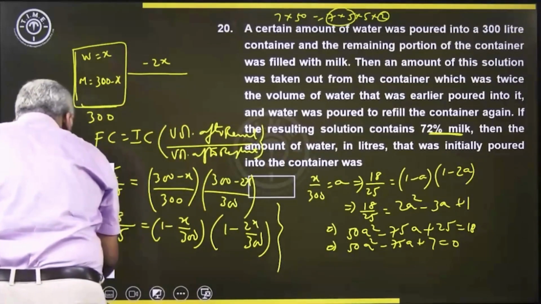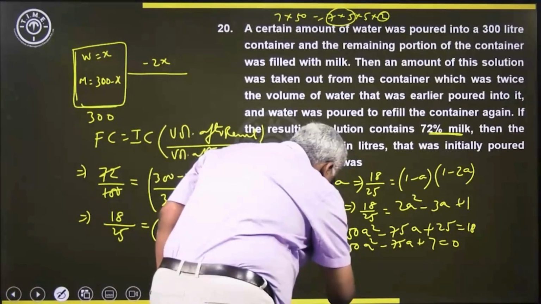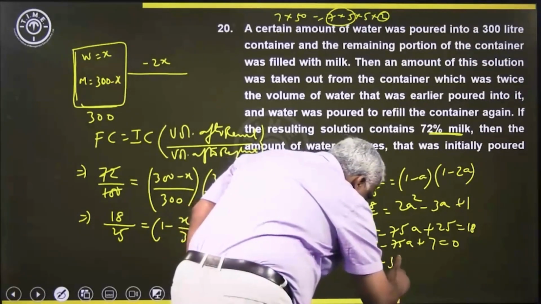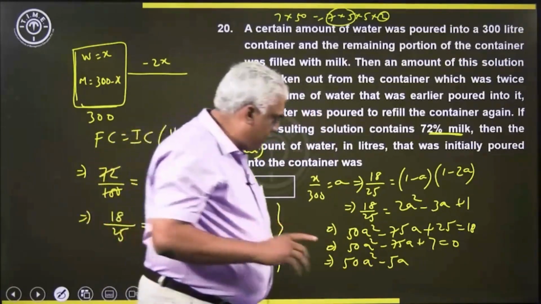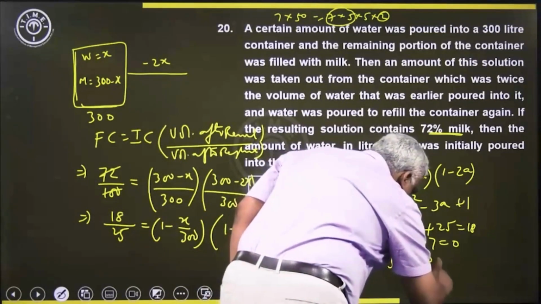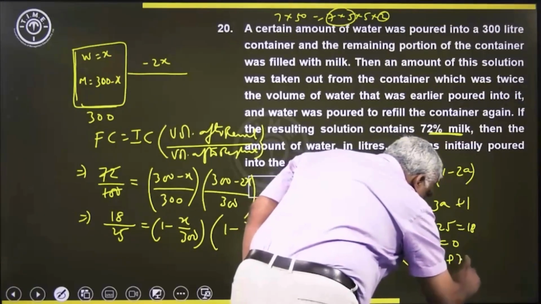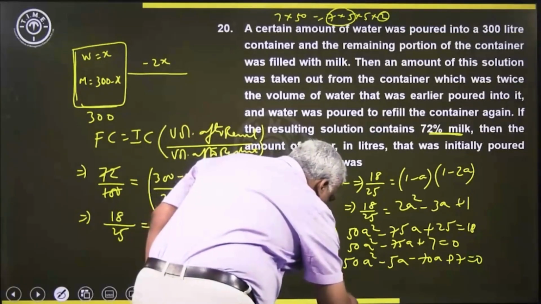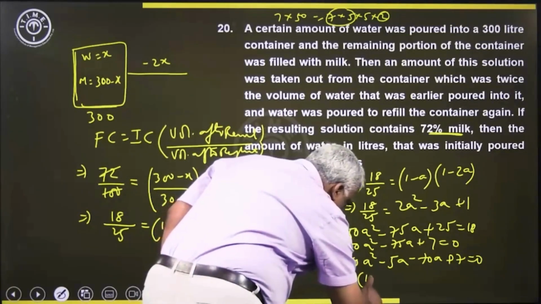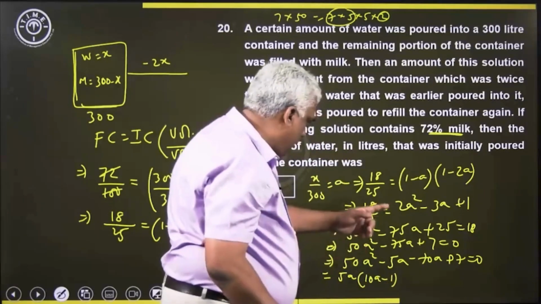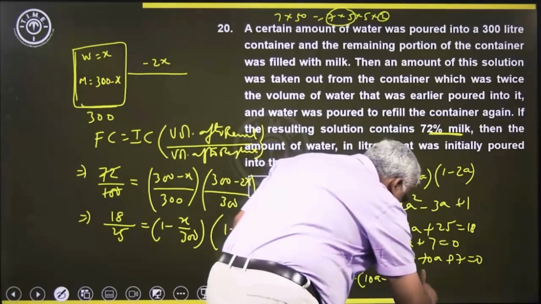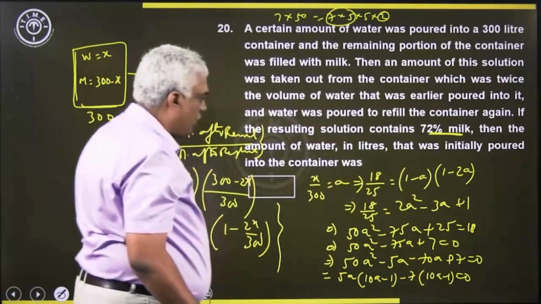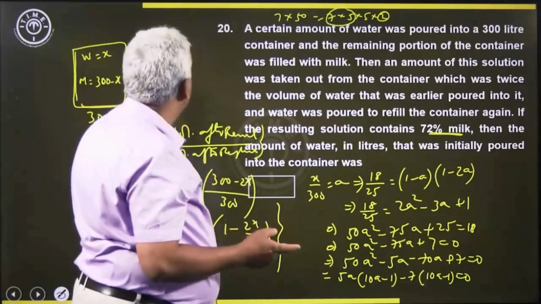So, we can have 50a square minus 5a minus 70a plus 7 equals 0. If I take 5a common, I get 10a minus 1, and if I take 7 common, 10a minus 1 equal to 0. So, if you solve it, we get a equal to 1 by 10.